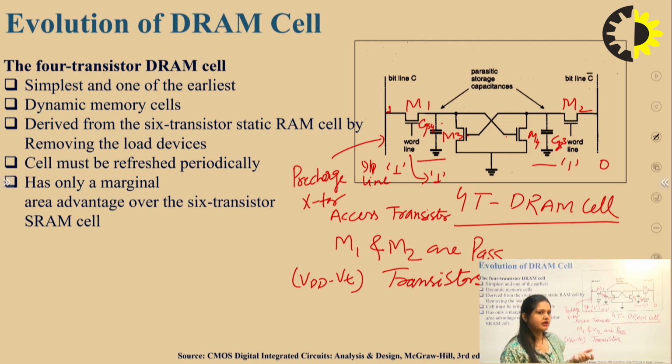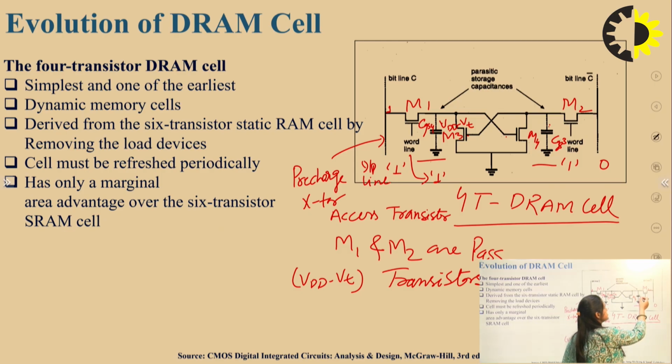So this can be written in the memory, because this capacitor behaves like a memory element. Here you can see that the charge is VDD minus VT, whereas here this transistor is also on, but bit line C bar is 0, so this capacitor has 0 charge.